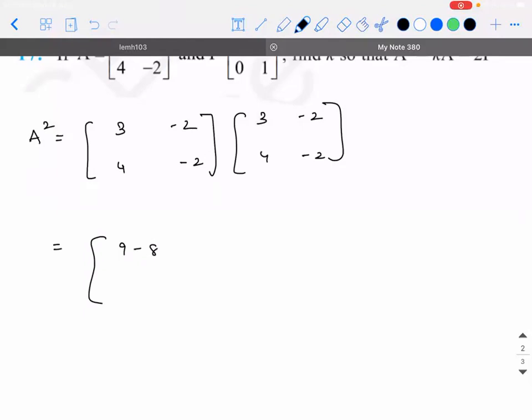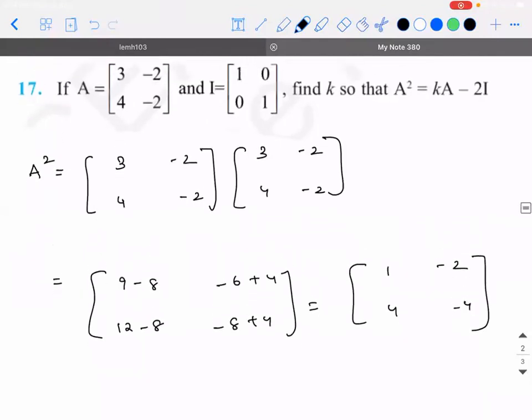Nine minus 8 minus 6 plus 4, 12 minus 8 minus 8 plus 4. So this will be 1 minus 2, 4 and minus 4. This is A square.